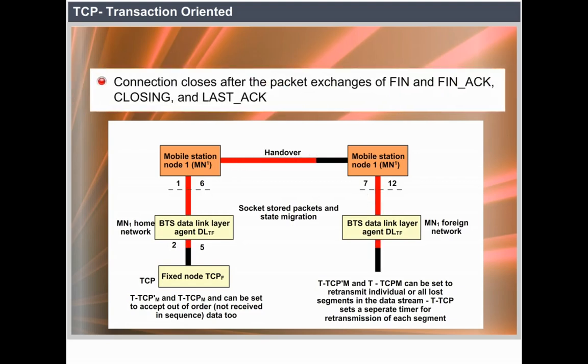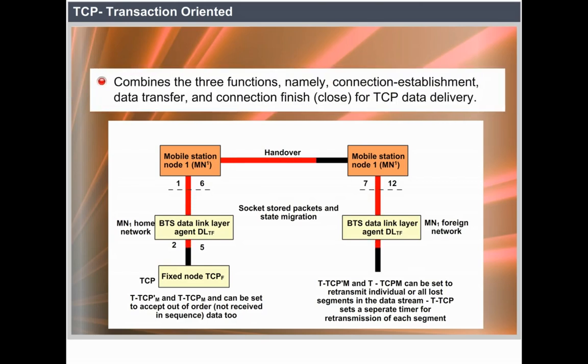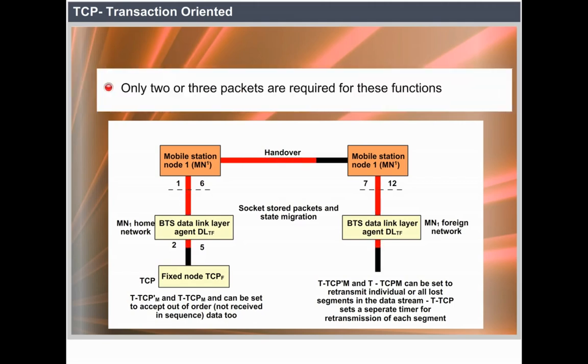The connection closes after the packet exchanges of FIN and FIN_ACK, closing, and last_ACK. It combines the three functions, connection establishment, data transfer, and connection finish close, for TCP data delivery. Only 2 or 3 packets are required for these functions.